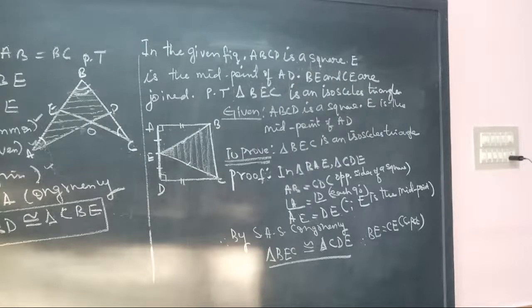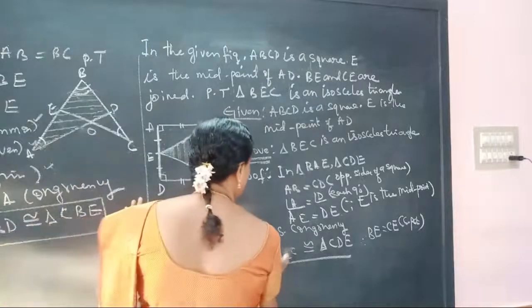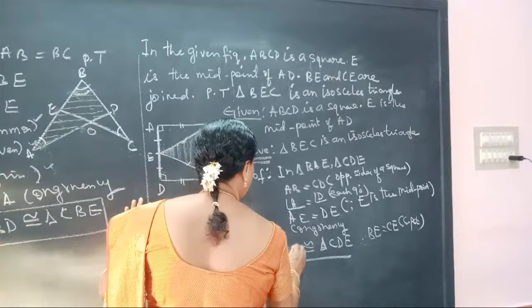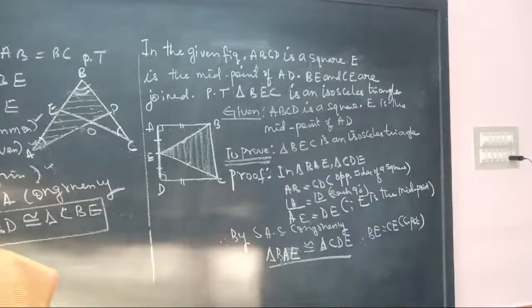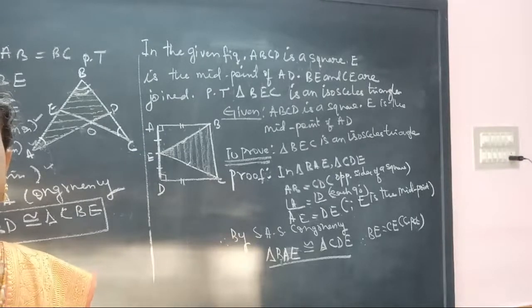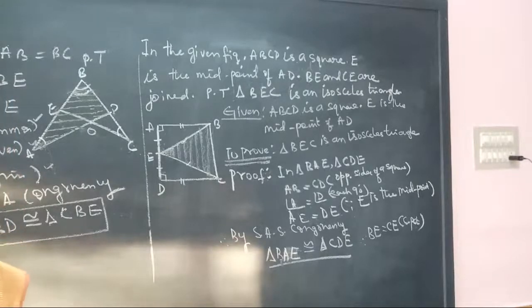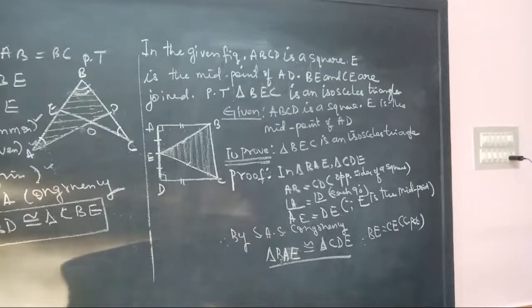So after mentioning BE equals CE as CPCT, then at the end conclude, since the opposite sides are equal, therefore it is an isosceles triangle.